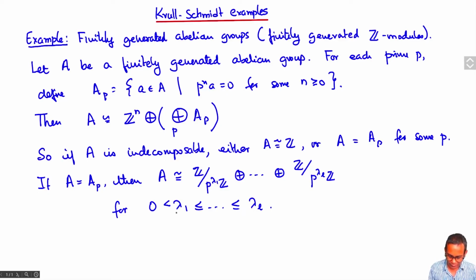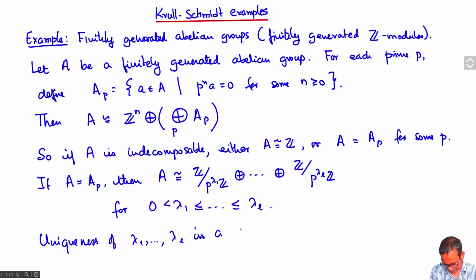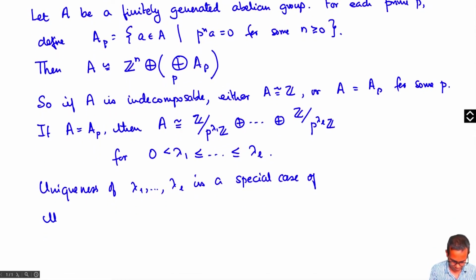Saying that when arranged in weakly increasing order, these invariants lambda 1, lambda 2, lambda L are uniquely determined is in fact the statement of the Krull-Schmidt theorem. So uniqueness of lambda 1 to lambda L is a special case of the Krull-Schmidt theorem.